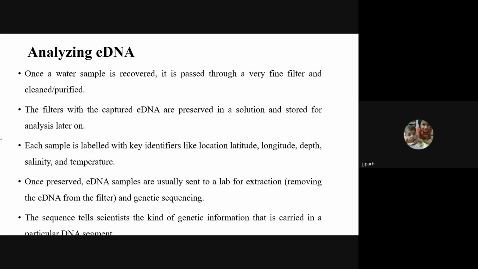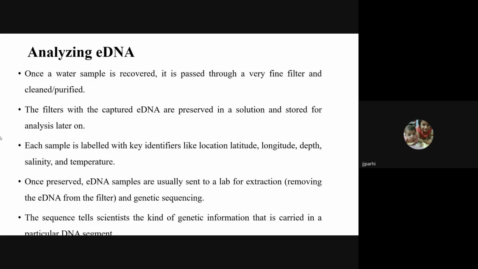So in detail, how we go ahead: once we get the water sample, it passes through a very fine filter. You can use a cellulose membrane basically, and the water has to pass through this filter.